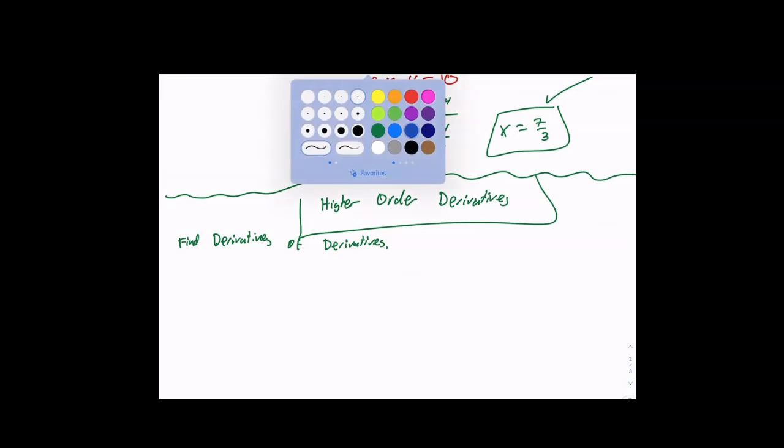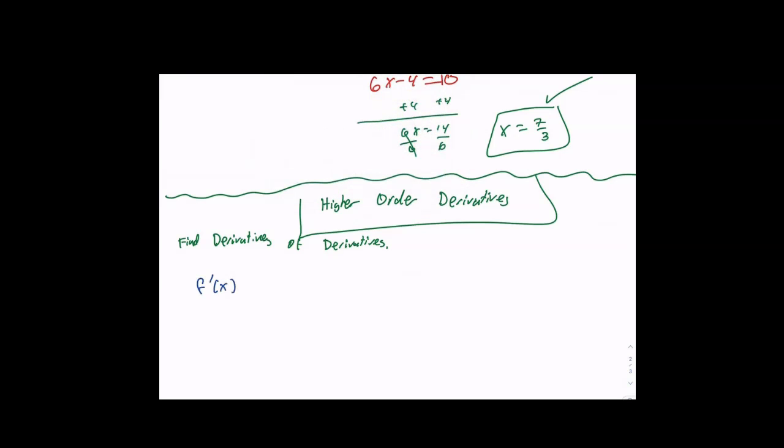So when I say f prime of x, this is also known as the first derivative. In calculus vocabulary, I can say find the first derivative, same thing as the derivative.